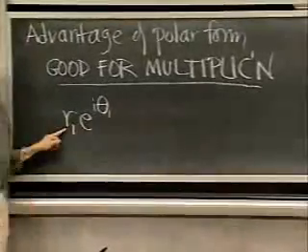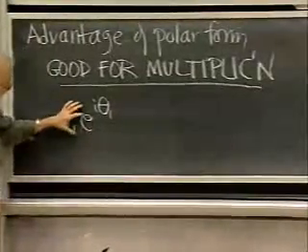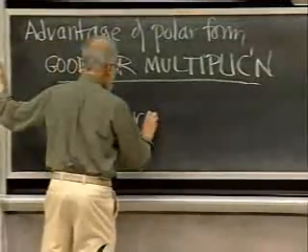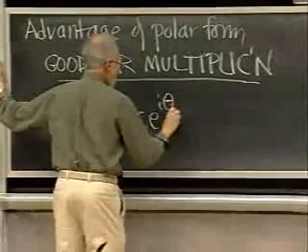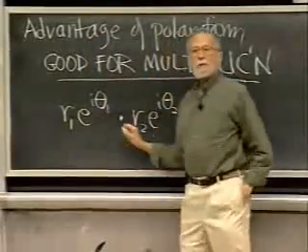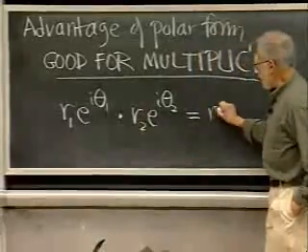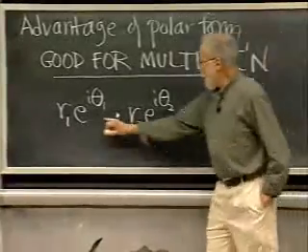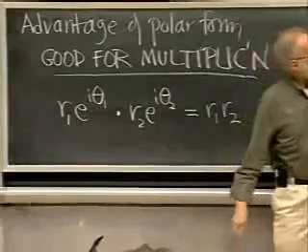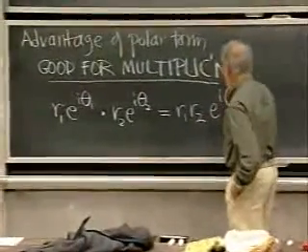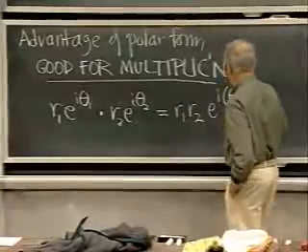That's a general complex number: its modulus r1 times e to the i theta 1, times r2 e to the i theta 2. Well, you just multiply them as ordinary numbers. So the part out front will be r1 r2, and the e to the i theta parts get multiplied by the exponential law and become e to the i (theta 1 plus theta 2).